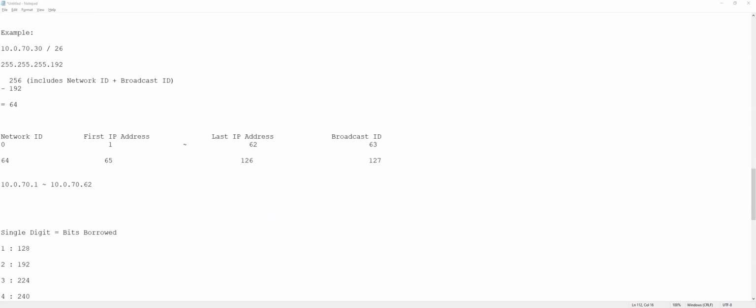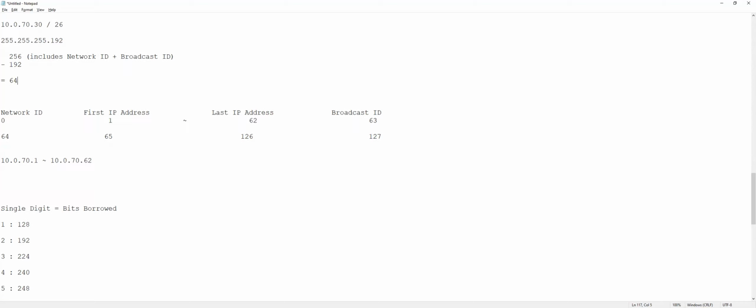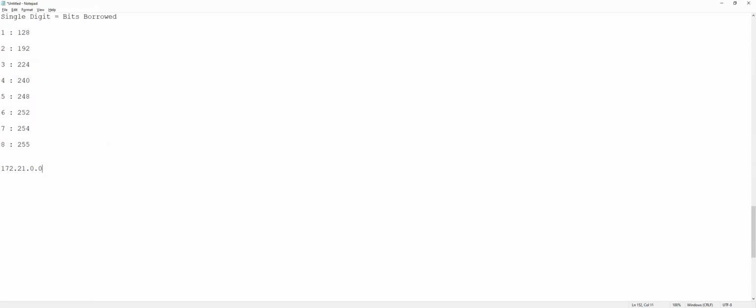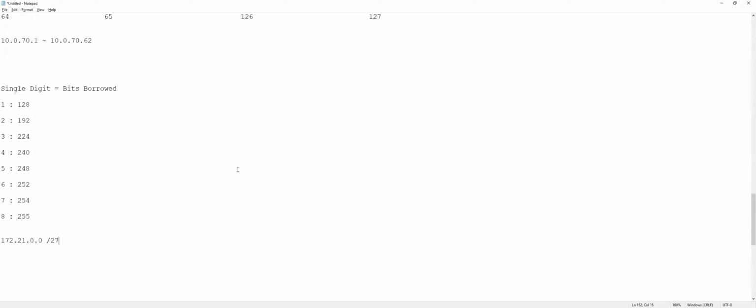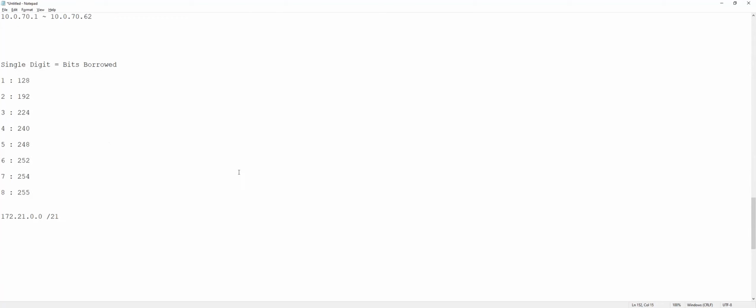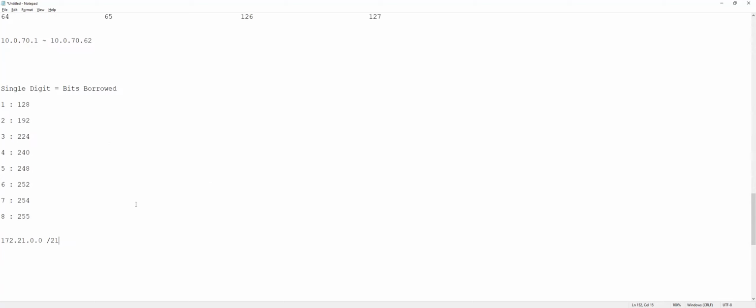Let's say that we want subnets of 64. We're going to find the network ID and the broadcast. Just give us the subnet mask. 27. That's quite similar to the previous example. Can we change that to 21? Very good. Go ahead, Chris, with 21.